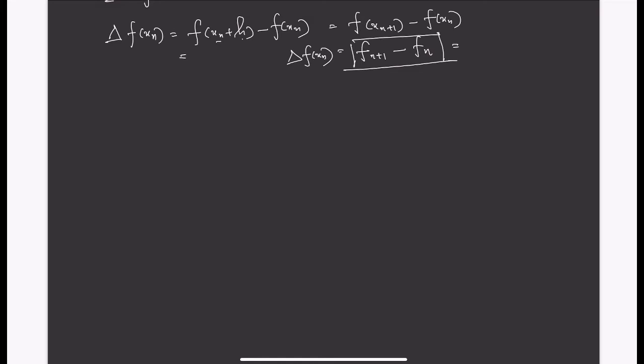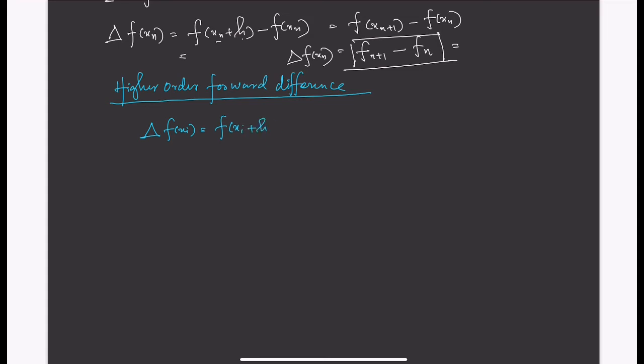Now I will go for the higher order forward difference. What is a higher order forward difference? See, we know that delta of f of xi is f of xi plus 1 minus f of xi.